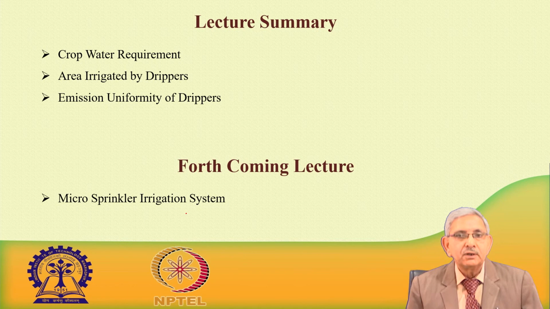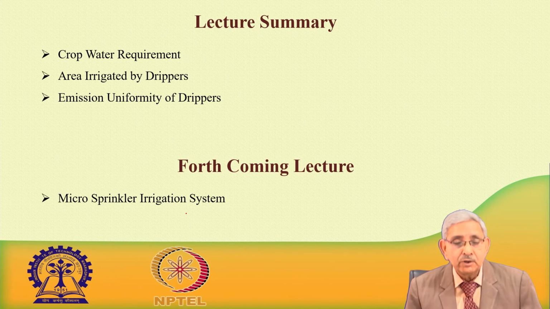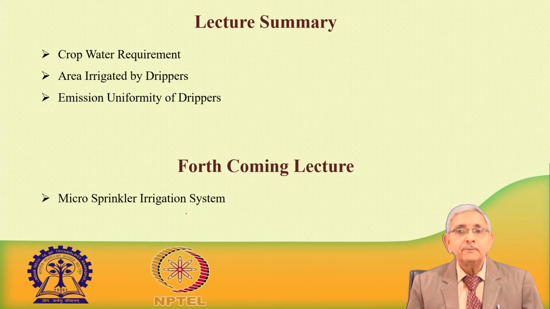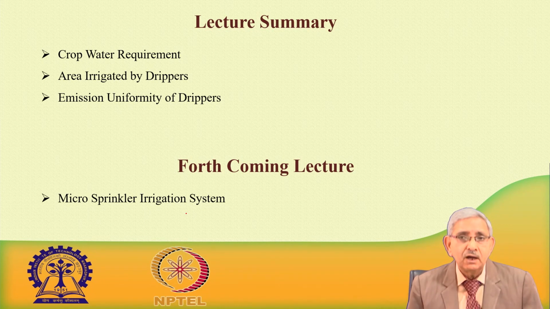We worked out how to determine the emission uniformity of drippers, and from the given emission uniformity how to find the minimum discharge and minimum operating pressure. In the forthcoming lecture we will discuss the micro sprinkler irrigation system. Thank you very much for your patience in hearing.